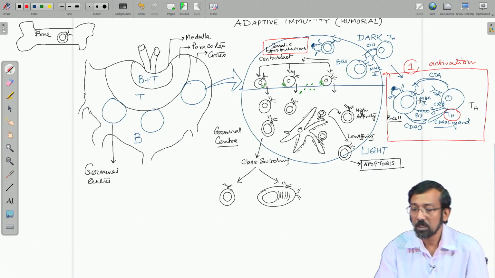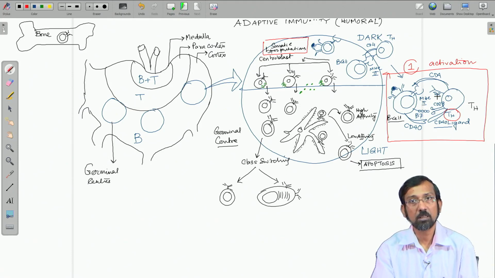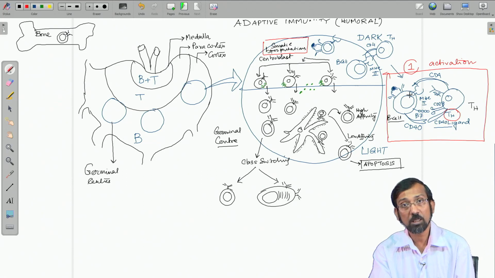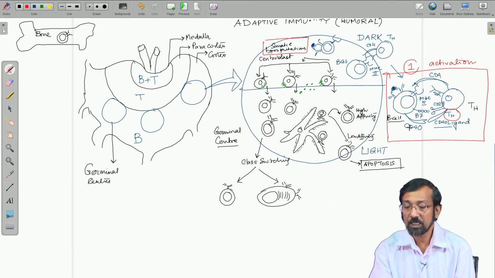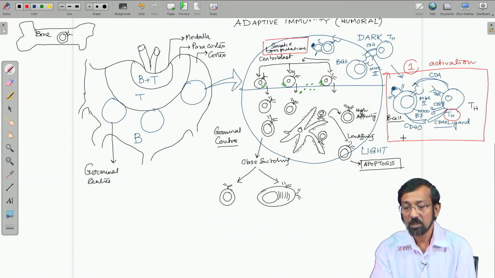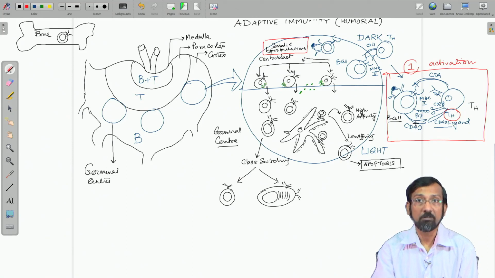You have the class 2 MHC interacting with the T cell receptor and the CD4 co-receptor of the CD4 plus cells. Along with that, you have the B7 to CD28 interaction, and the CD40 to CD40 ligand interaction. When these interactions are completed, the B cell is activated.